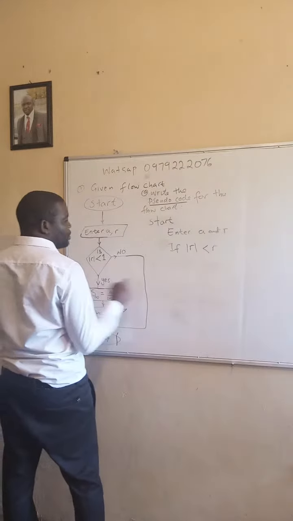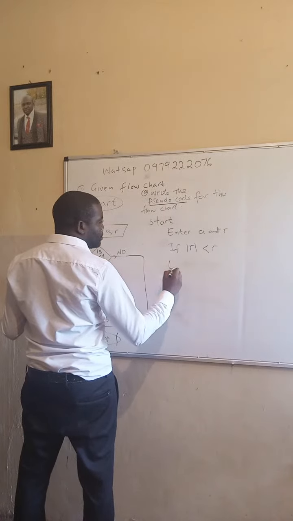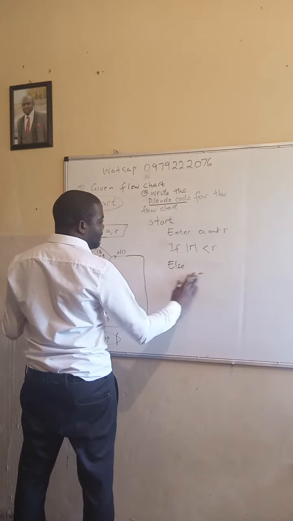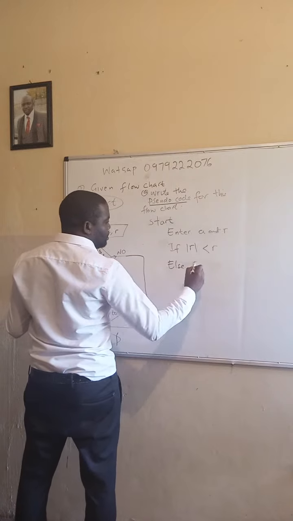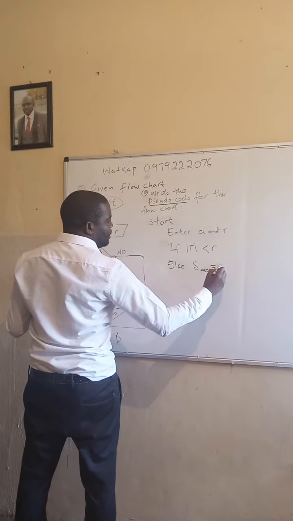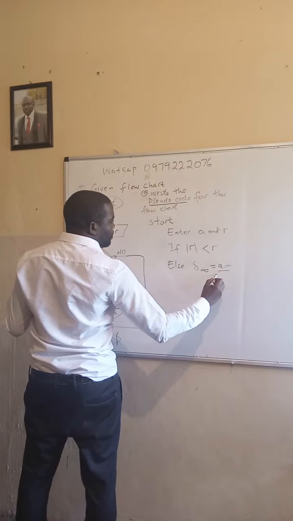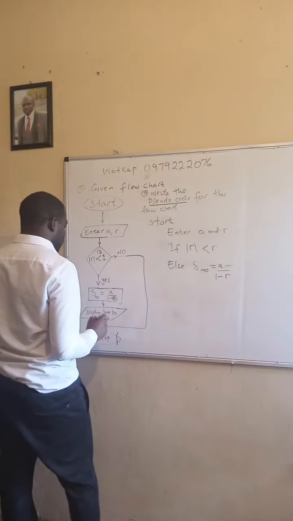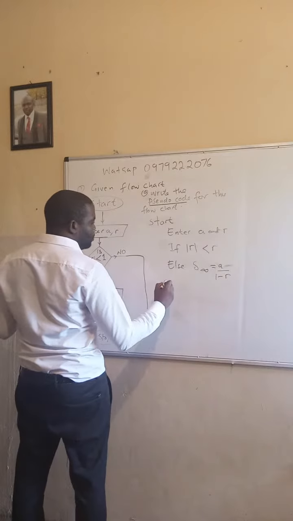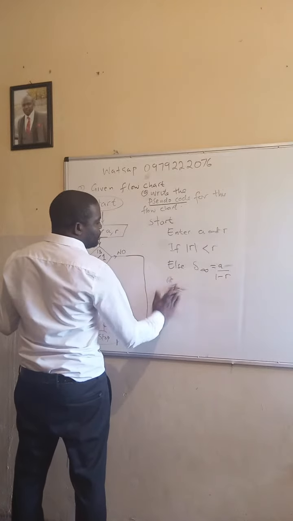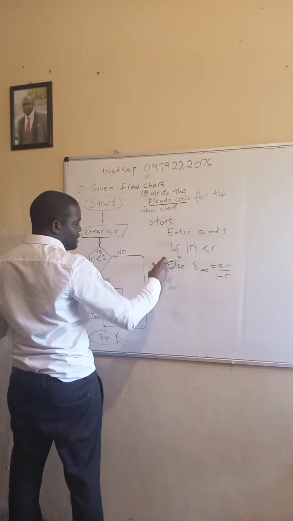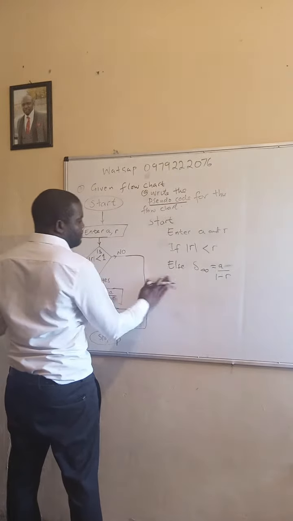The next part was the else, because we are writing the formula. Else, sum to infinity, and then he went on end. You see, these ones are in a straight line.